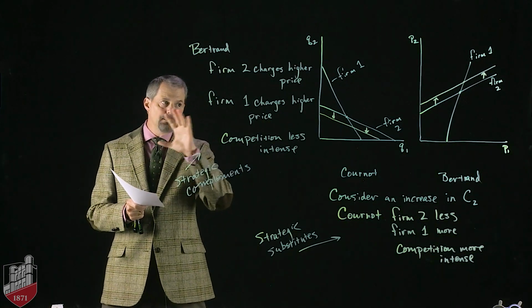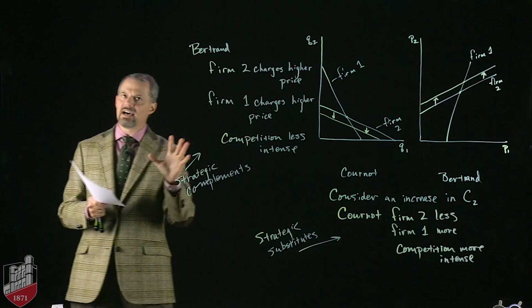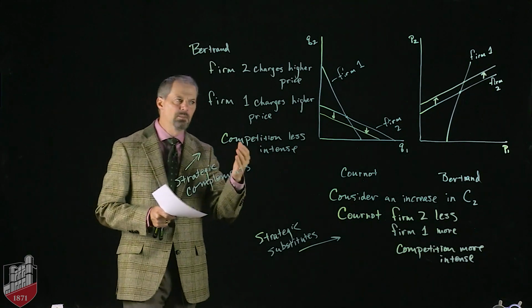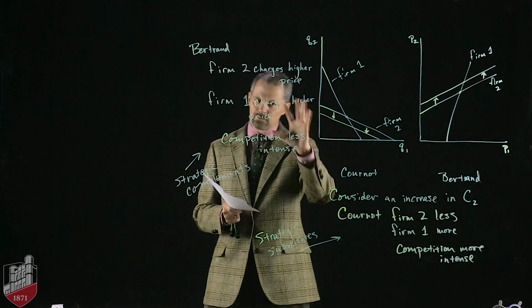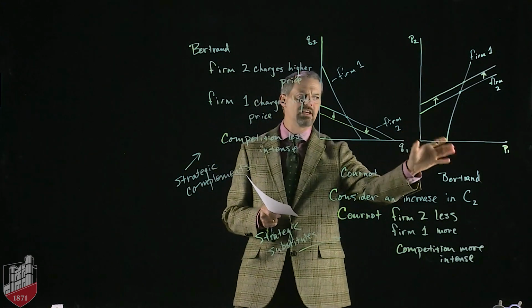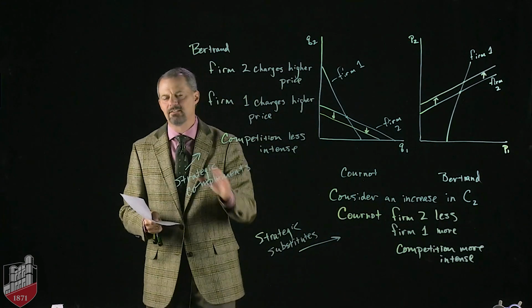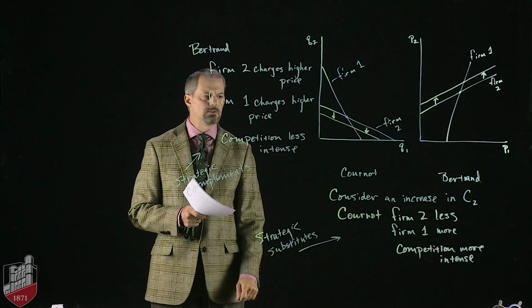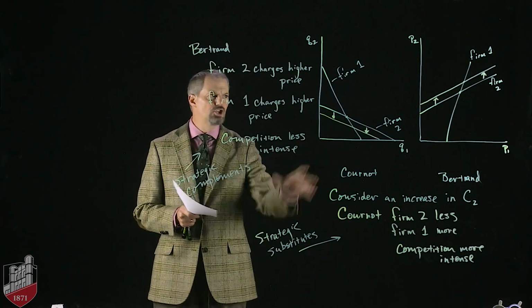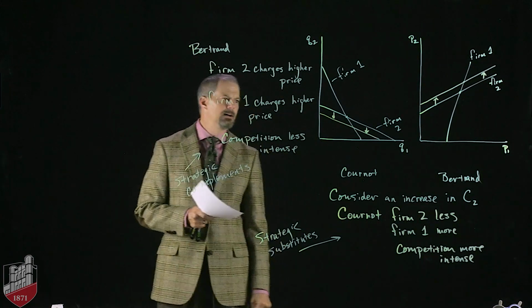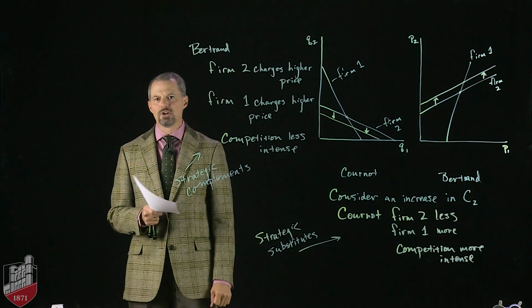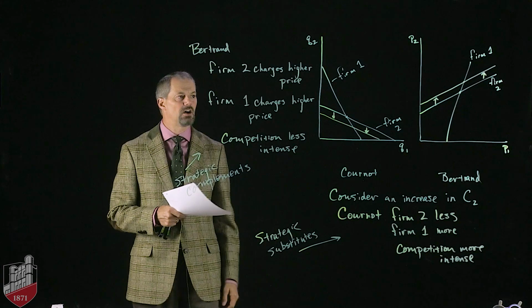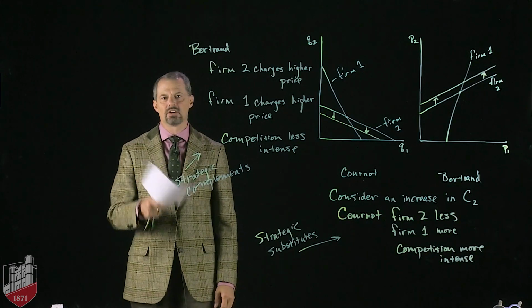And Bertrand really pointed out that whether firms compete in terms of quantities or in terms of prices can have huge impacts on the outcome of the model. So I hope that gives you a good idea of what the Bertrand model looks like, both when we're thinking about capacity constraints and when we're talking about differentiated goods, and I'll see you in another video.